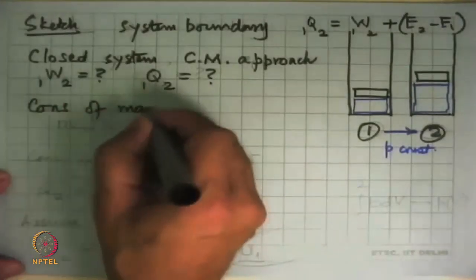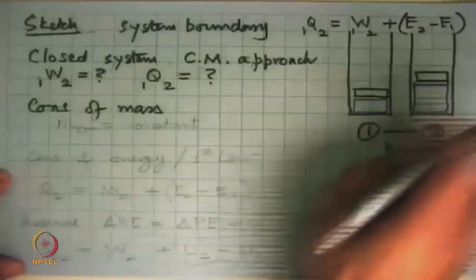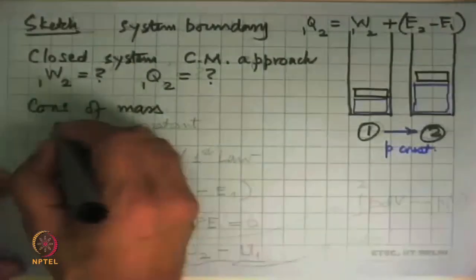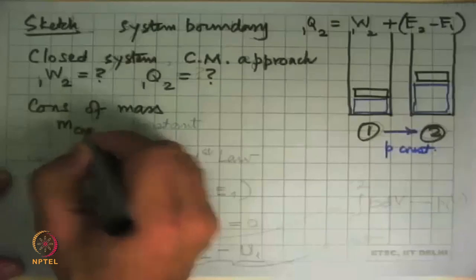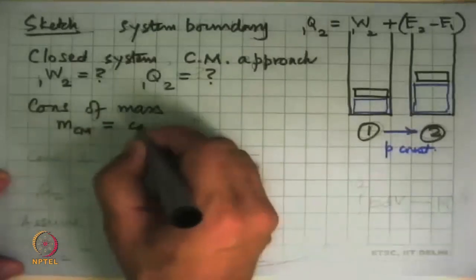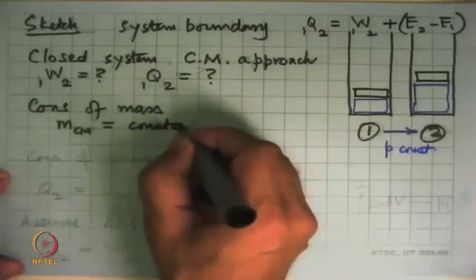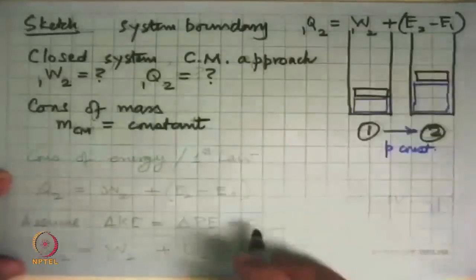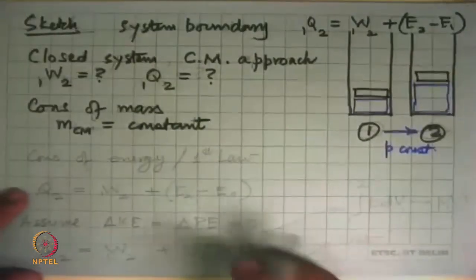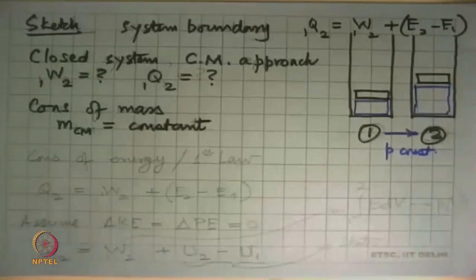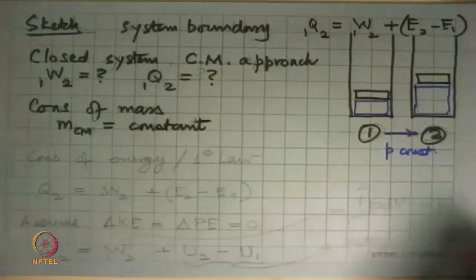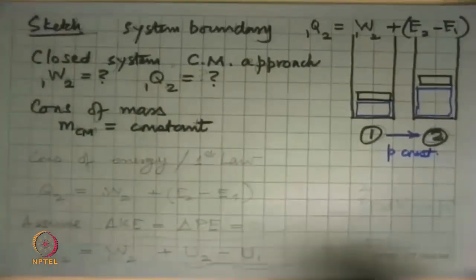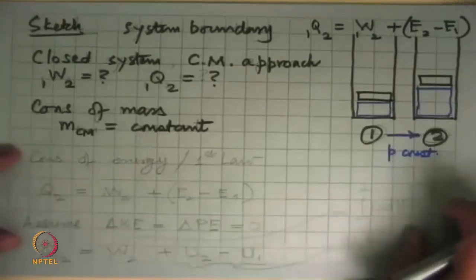We say what is conservation of mass telling us? It only tells that the total mass of this and this is the same. There is no addition, there is no subtraction. So mass in the system boundary, or the control mass, is constant. We can calculate it from specific volume if that is there. No, there is a question there. We will come back to that question later. Let me just do this part.